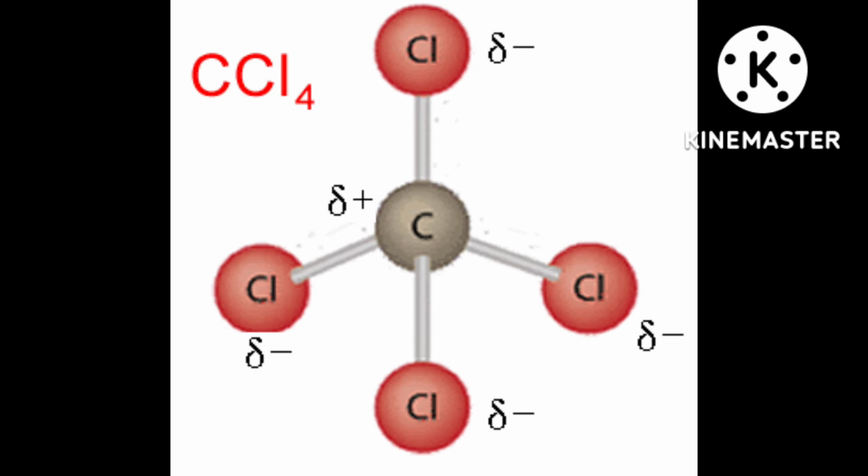Now I am talking about the third type, AB3, meaning total 4 atoms are there, A and B3. Now its example is NH3, ammonia gas. Its dipole moment value is 1.47, and its geometry is trigonal pyramidal, because 4 are there: one will be on the top and the other 3 will be down.